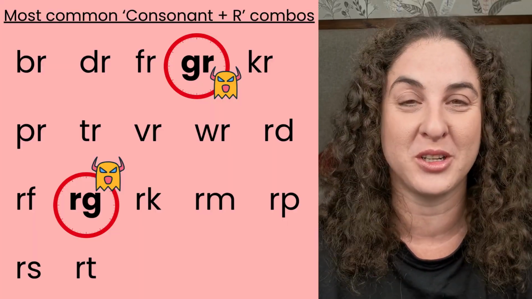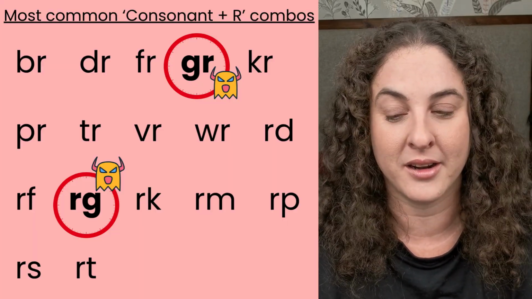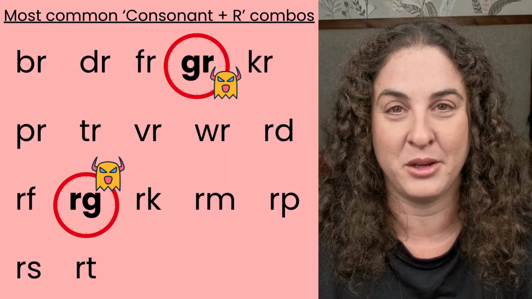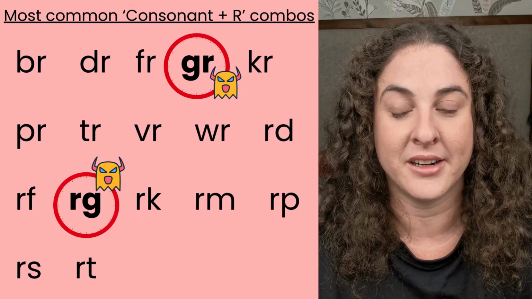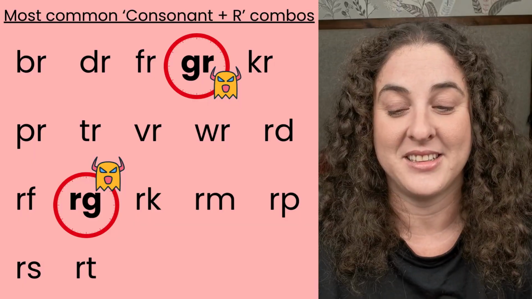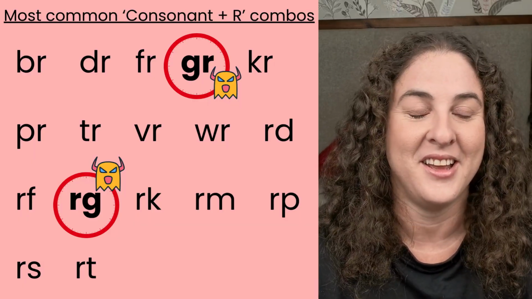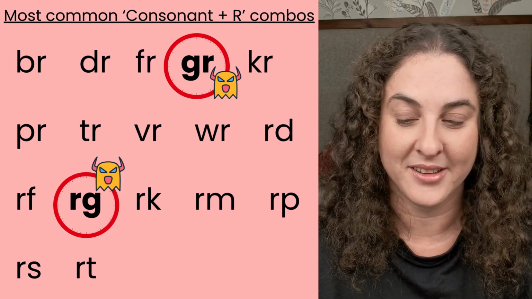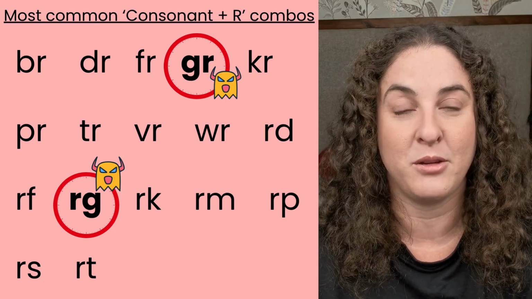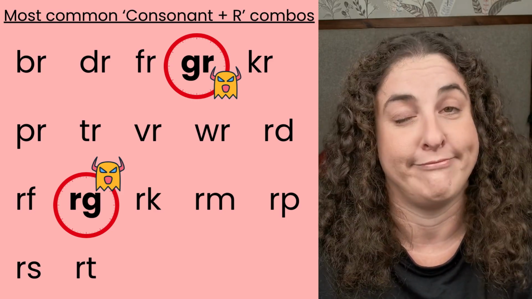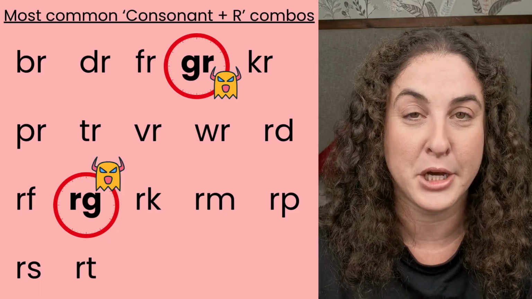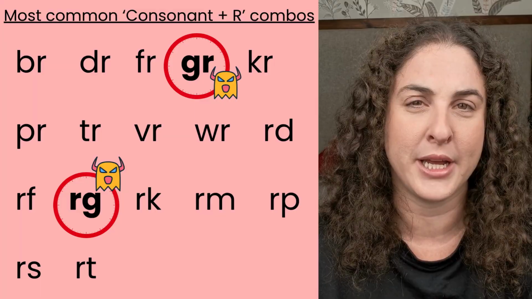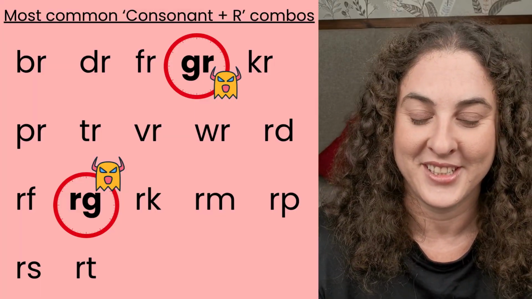Right, so if you struggle with the r, grr is definitely going to be out there. And then grr, brr, trr, fr, vr, rt, rd, rf. And then we have rg. Another tough one. Rk, rm, rp, rs, and rt.